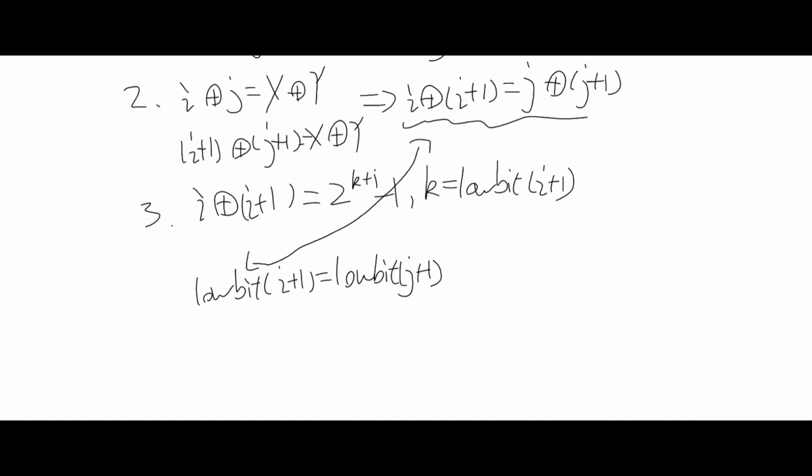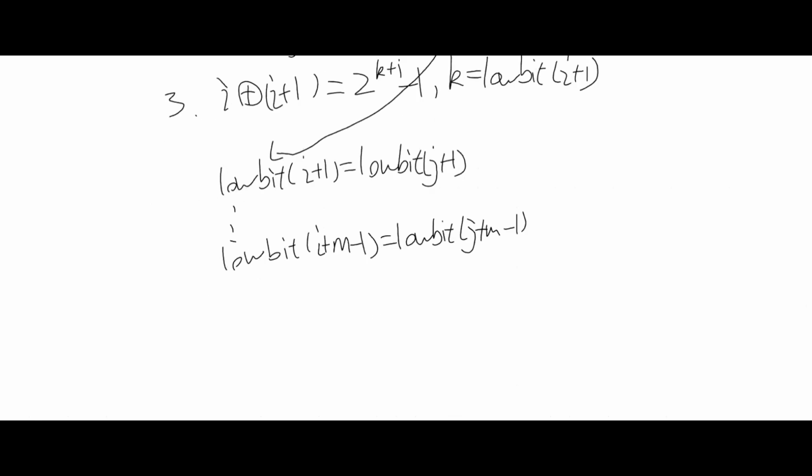Now, if M is the answer, we must have the low bit of I not equal to the low bit of J. Otherwise, we can decrease I and J by 1 so that M will increase by 1.